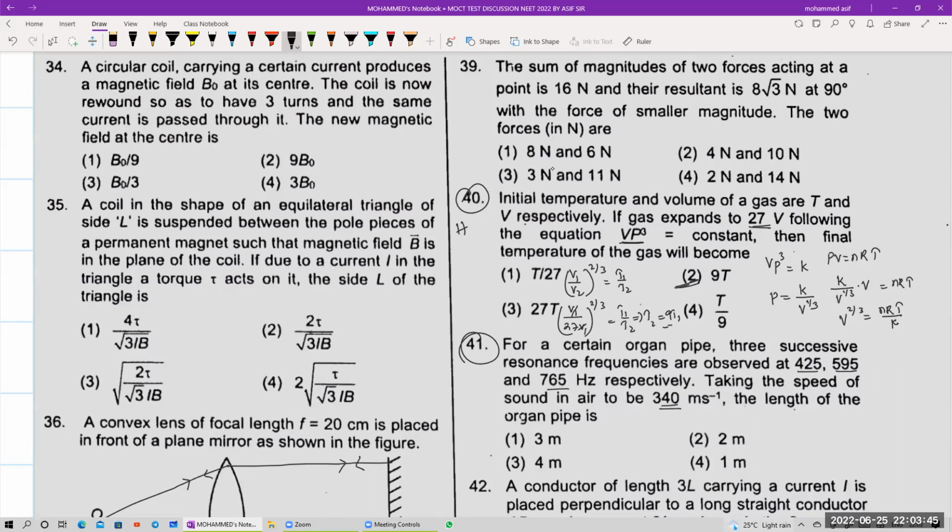So ratio of frequencies of 425, 595, 765, that means 5:7:9. And frequency of the fifth harmonic will be equal to how much beta? 425. So it is 5V divided by 4L will be equal to 425. So length will be equal to how much for this? So from this one you can calculate the length. ठीक है ना?